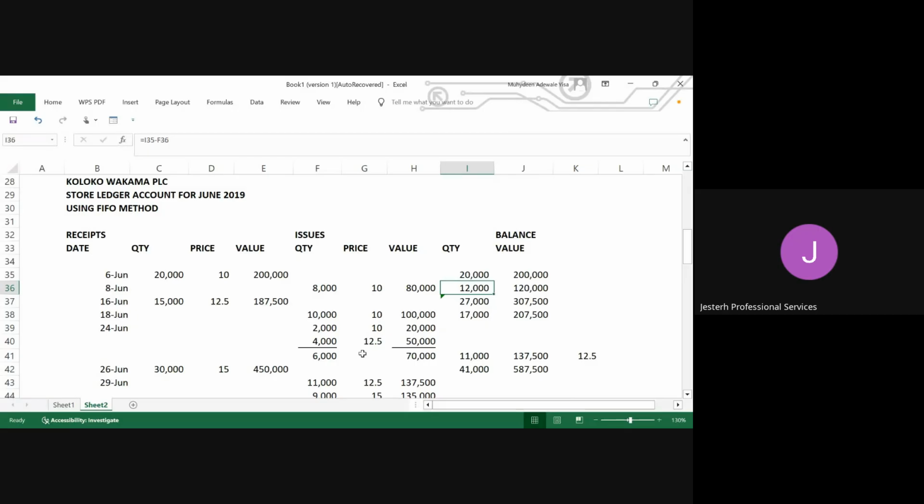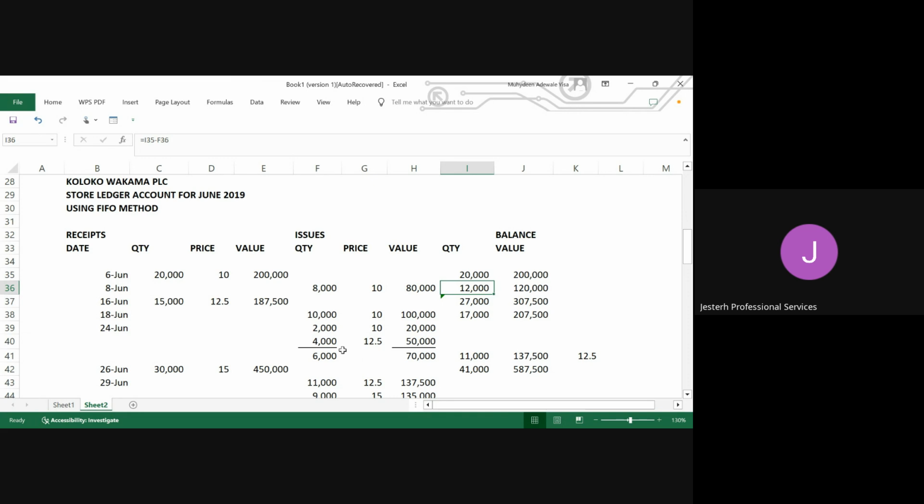And then on the 16th, you can see the dates from the 8th to the 16th, we did not issue out anything. But on the 16th, the company decided to add more materials into their stock.